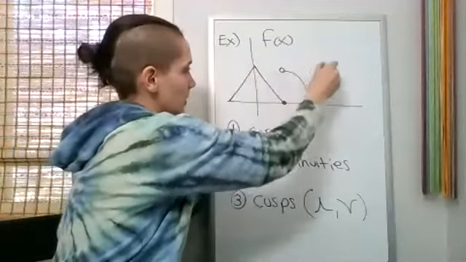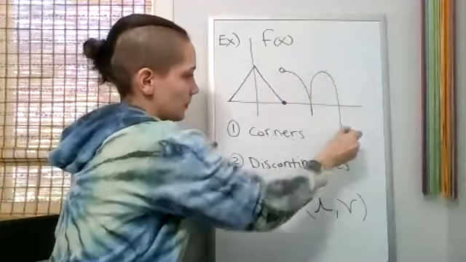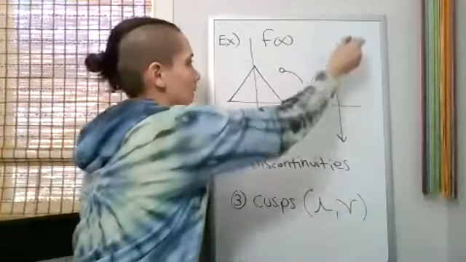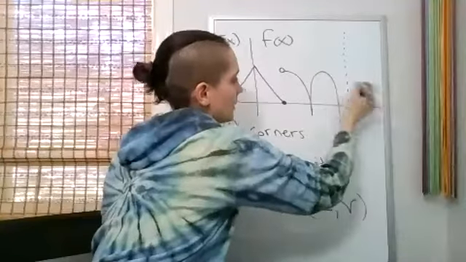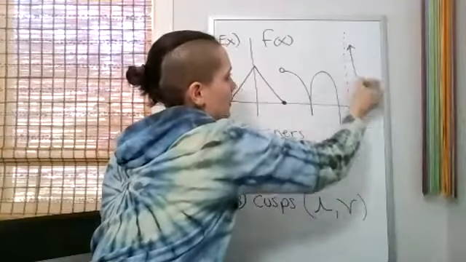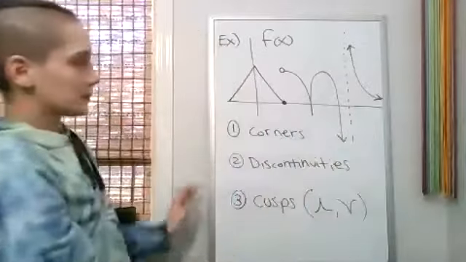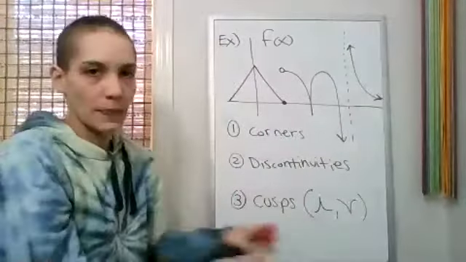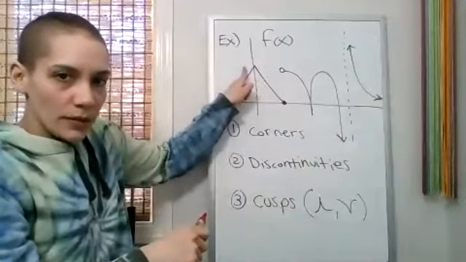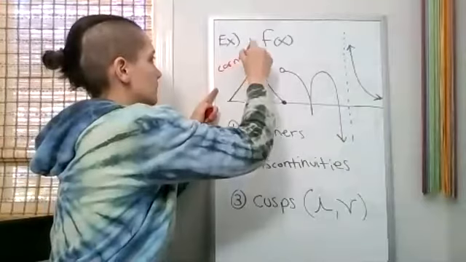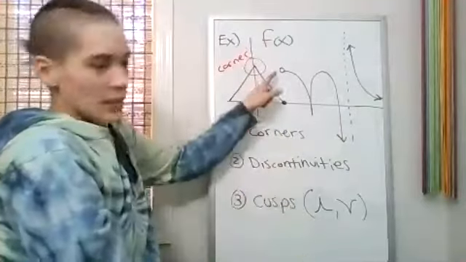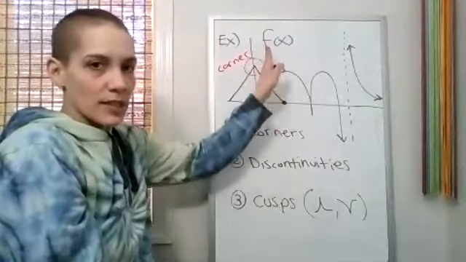We'll do a cusp, go down. Also going to add this part. So that would be a corner right there. This discontinuity is a place where the function is not differentiable.